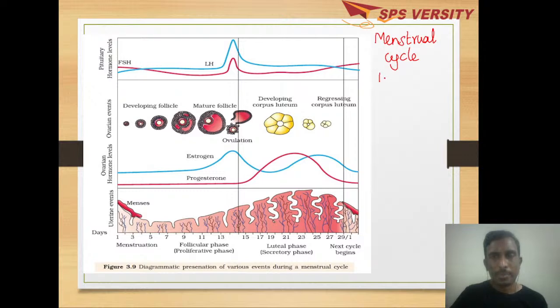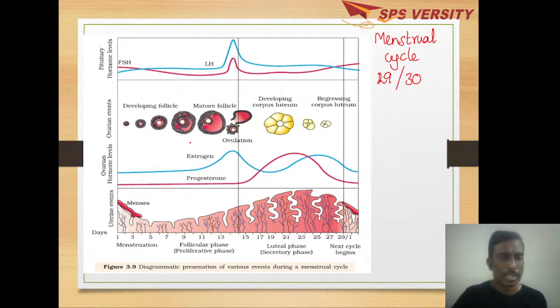It continues for 29 or 30 days, not exactly, but take it for a month. Every month this cycle will repeat. So it is a cyclic process, and many cyclic changes will take place.